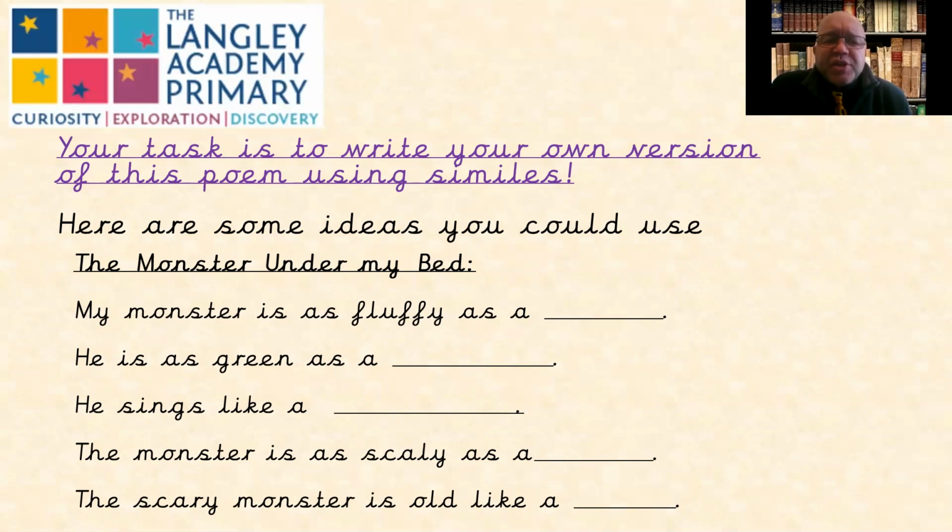So some of the suggestions are: my monster is as fluffy as a, or he is as green as a, he sings like a, the monster is as scaly as a, the scary monster is old like a. So there are some possible sentence starters.